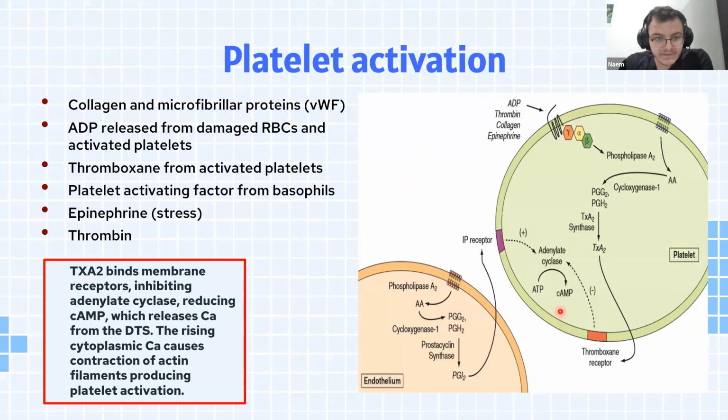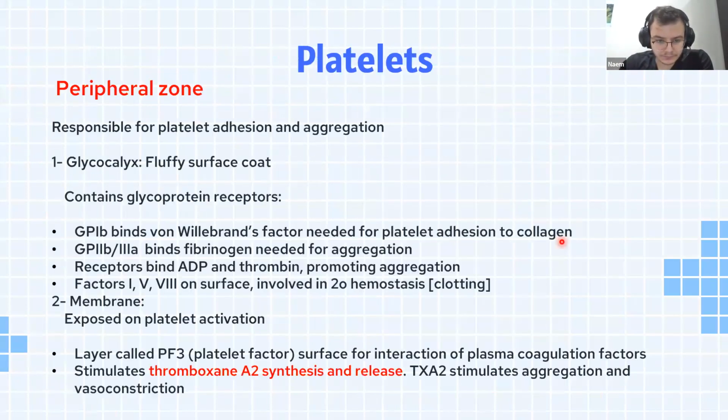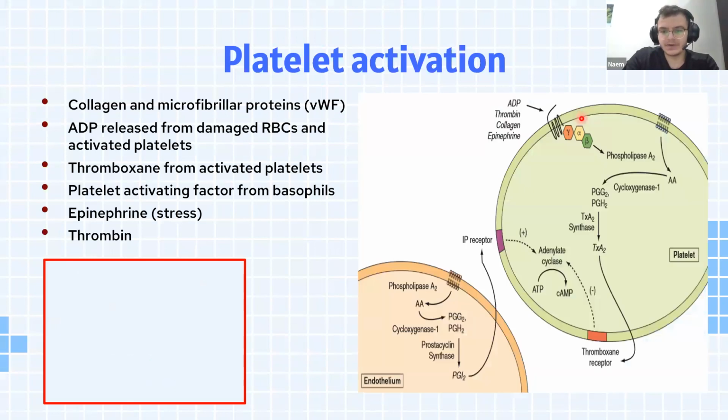What about PF3? You mean the platelet factor? You mean this one? This one leads to thromboxane synthesis. By the way, I'm not sure if this one specifically in this picture is the same one, but it's basically the same.